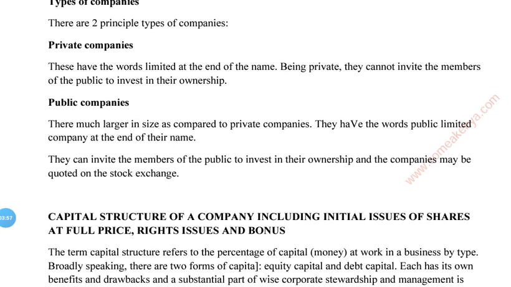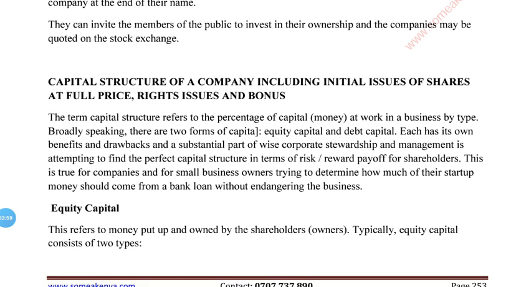Then we go to the capital structure of a company, including the initial issue of shares at full price, rights issues, and bonus. So what is a capital structure? When you look at your statement of financial position, it is subdivided into two.